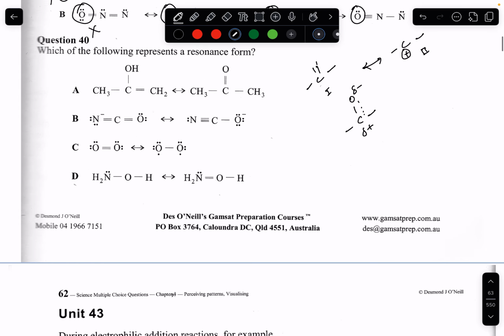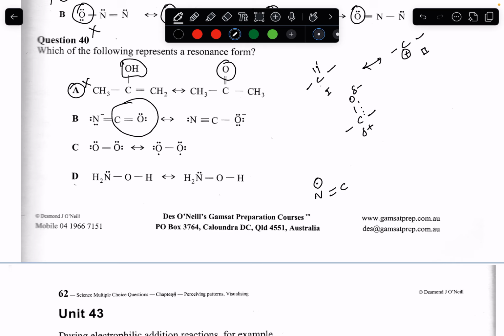Now the last question, question 40: which of the following represents the resonance form? So option A, if you look at it, this one is OH and this one is just O. So you cannot change the atom's positioning, so A is not right. In STEM, we have learned the resonance of CO. So here we have the CO bond. Look at this one, N minus double bond C double bond O, and oxygen has a lone pair.